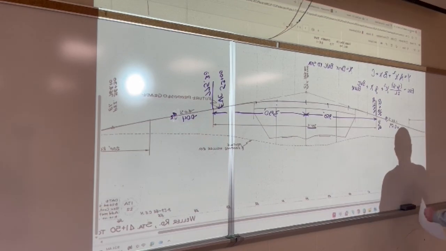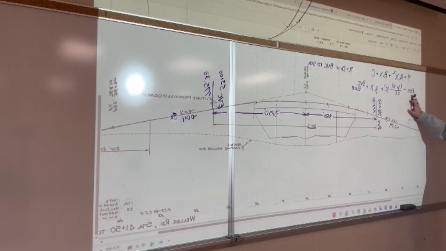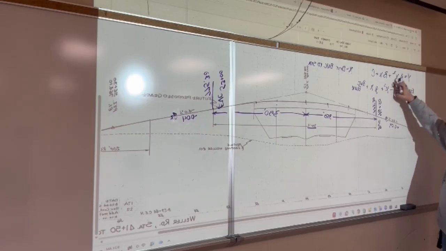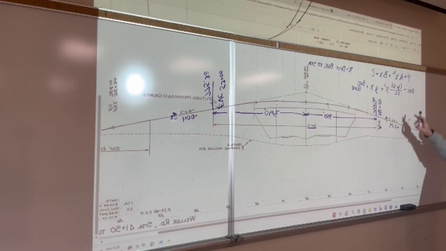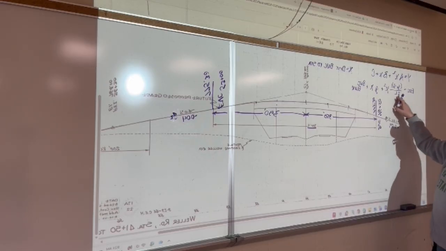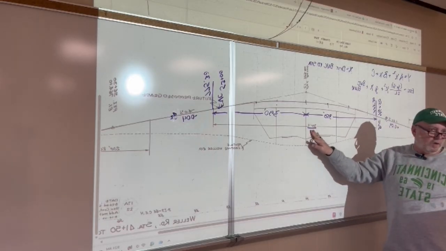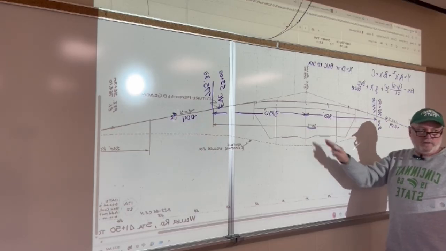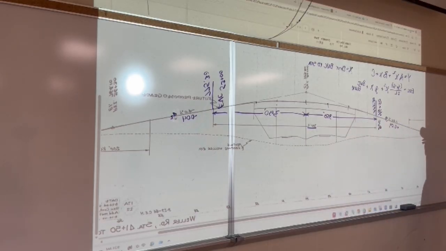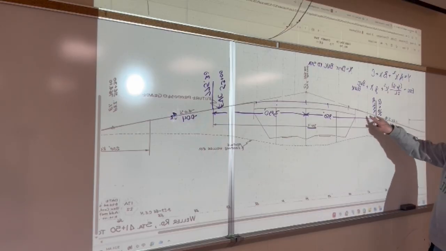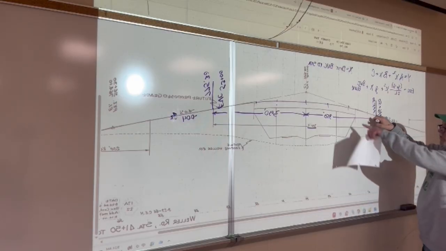If I was to start writing this out, we're solving for an elevation at station 47 plus 00. G sub 2 minus G sub 1, divided by 2 times L. L is your total overall length. Again, X is the distance from the BVC to whatever station you're going to.